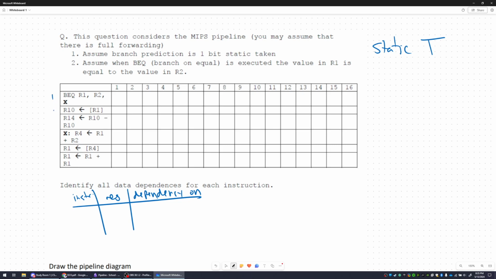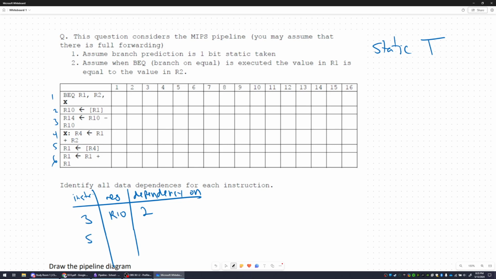So this is line 1, 2, 3, 4, 5, 6. Instruction 3 on register 10 has a dependency from line 2. What else is there? 14 is not used. Or 4? Okay, so it's the same thing.